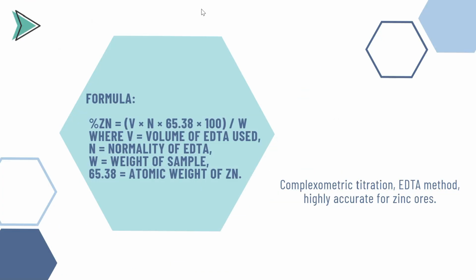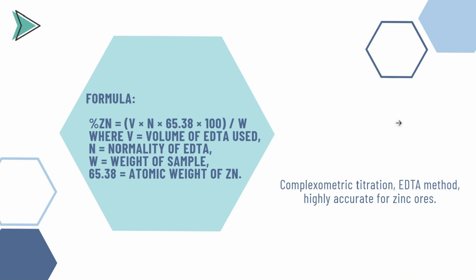The formula for the calculation: the percentage of zinc is equal to the volume of EDTA used times the normality of EDTA times 65.38, which is the atomic weight of zinc, times 100, over the weight of the zinc sample.